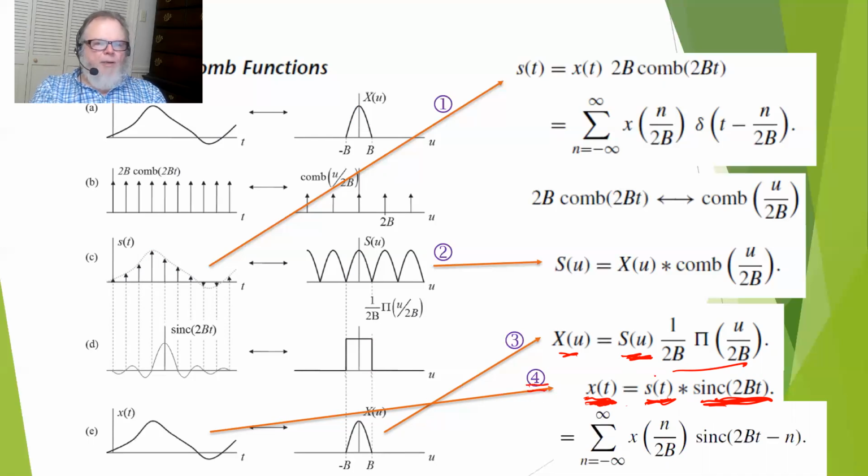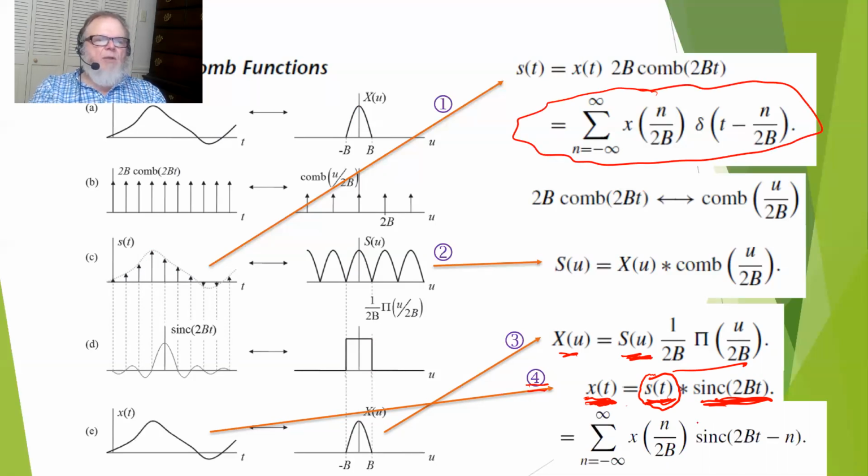And here's the cool part. Here's s of t. We can go back up here and grab s of t as this equation, and we convolve something with sinc of 2bt. We're convolving it with these delta functions, and so for every delta function, we're going to get a sinc, and guess what? That sinc is going to be weighted by the sample of the signal at that point.